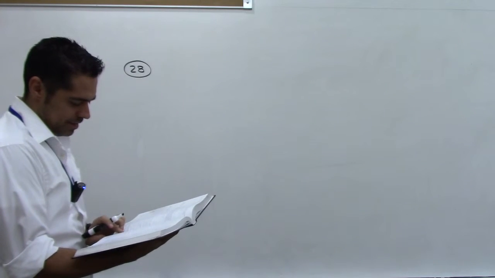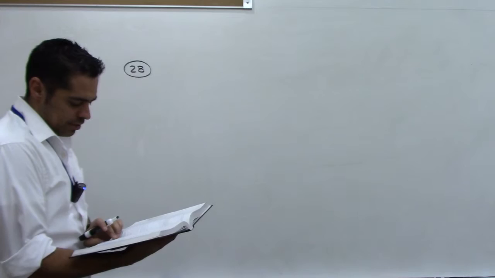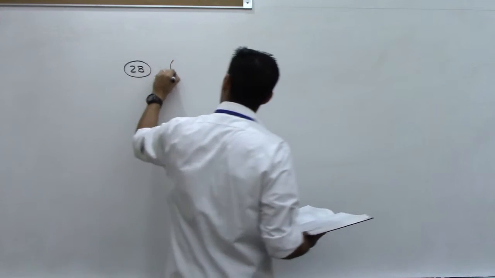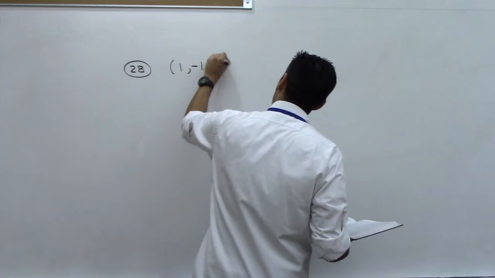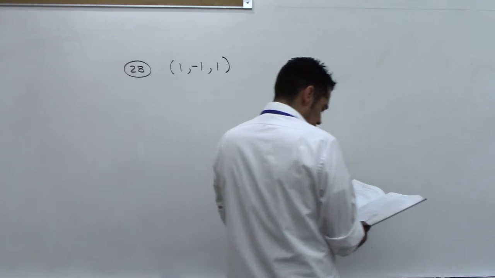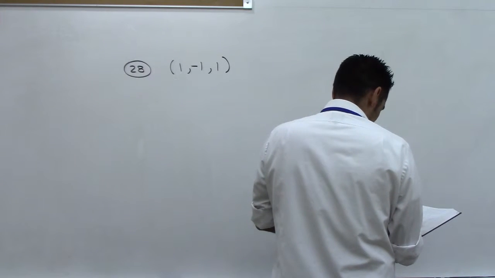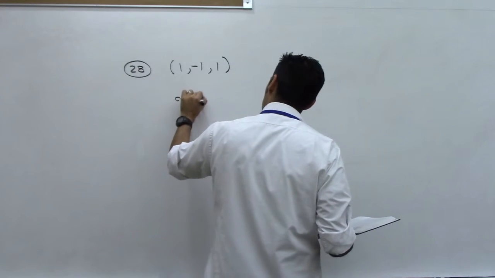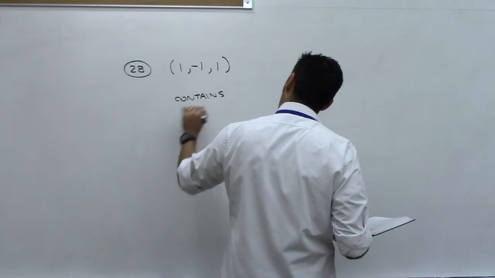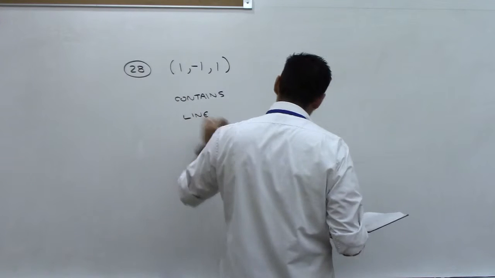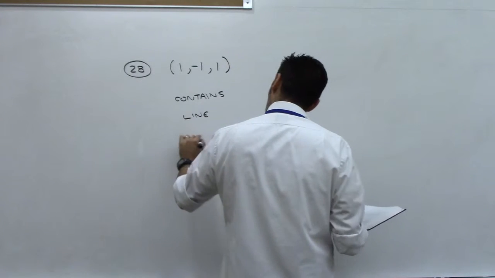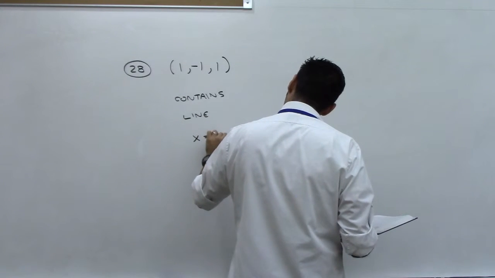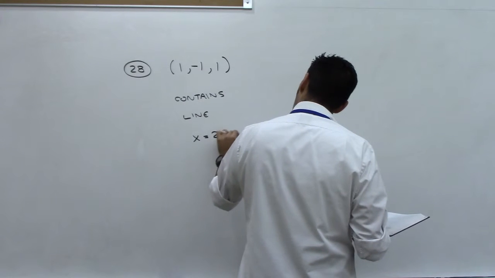That's my opinion. The plane that passes through the point, so I'm still trying to find the equation of a plane that passes through this point, so I've been given a point, great, and contains the line, with the symmetric equations x equals 2y equals 3z.